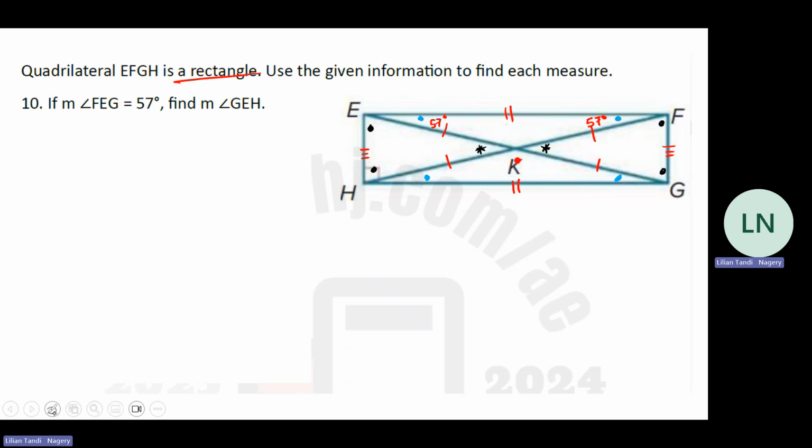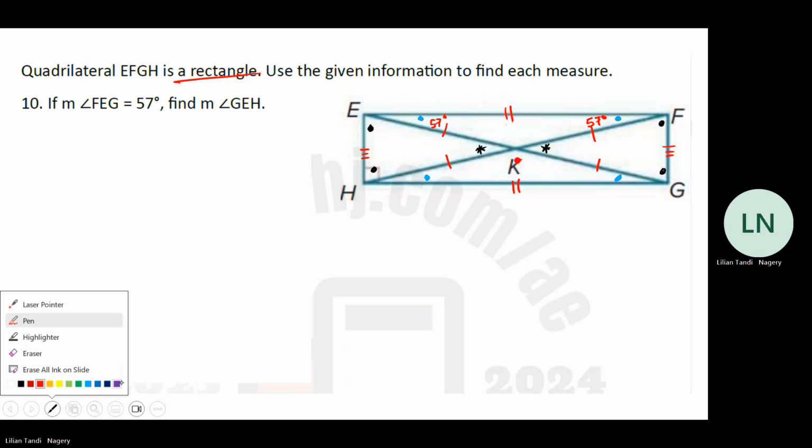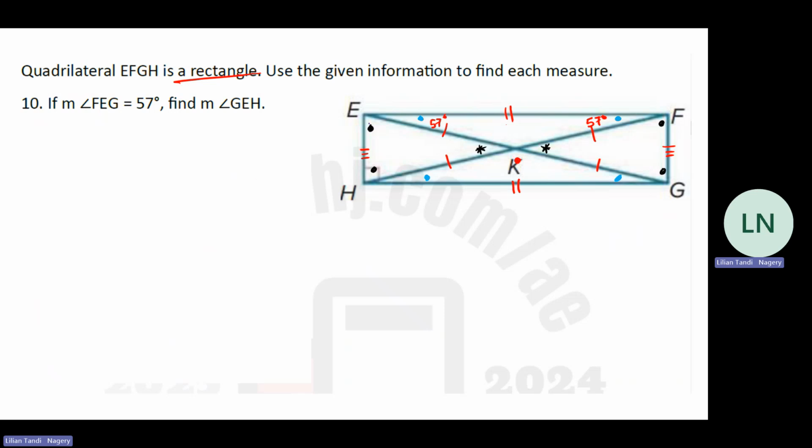Okay, then let us do GEH. So this angle here is 90. GEH equals 90 minus FEG. So that will be 90 minus 57 degrees.